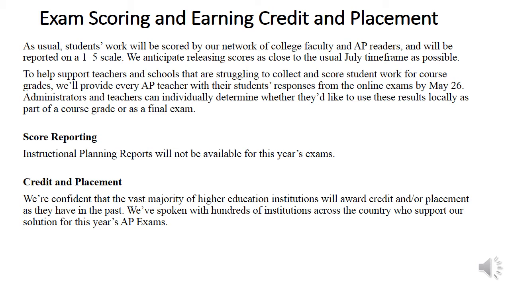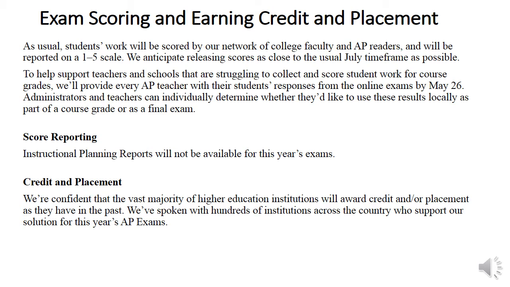The College Board says they don't expect major delays in this, and that the usual early to mid-July time frame is very likely when you'll get your scores back, and that the traditional network of college faculty and AP readers, which generally are AP high school teachers, will still be reading and scoring your DBQs.